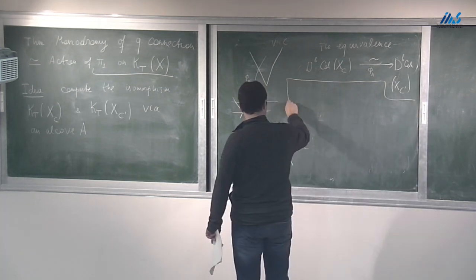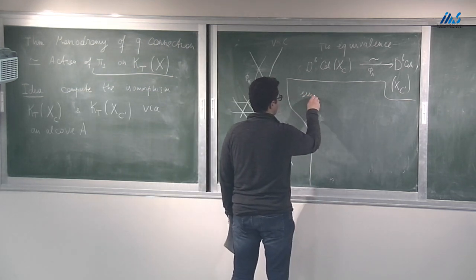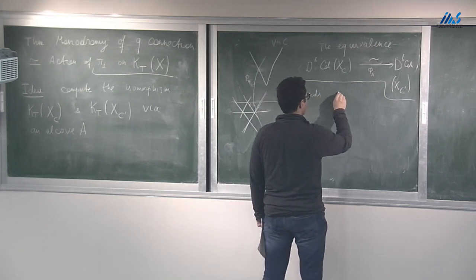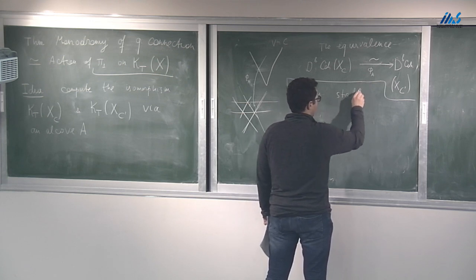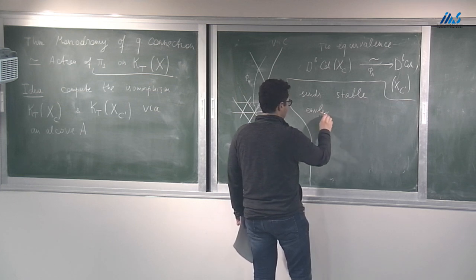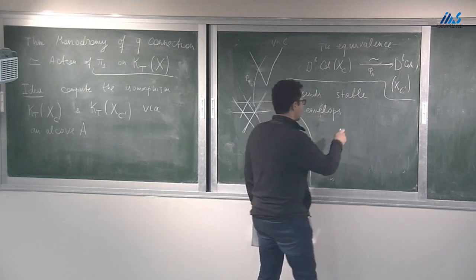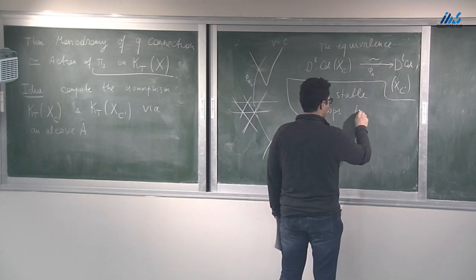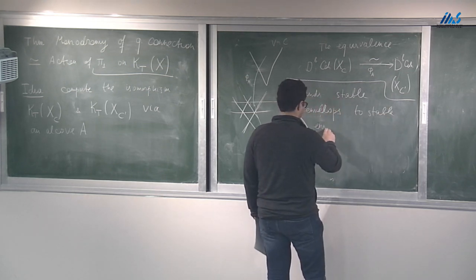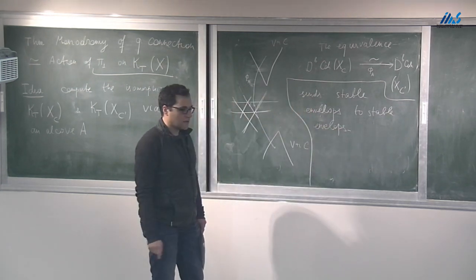So this equivalence sends a stable envelope... the key property is that it sends stable envelopes to stable envelopes, and this characterizes it uniquely.